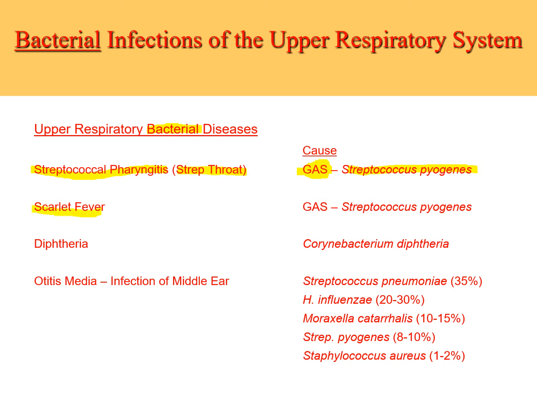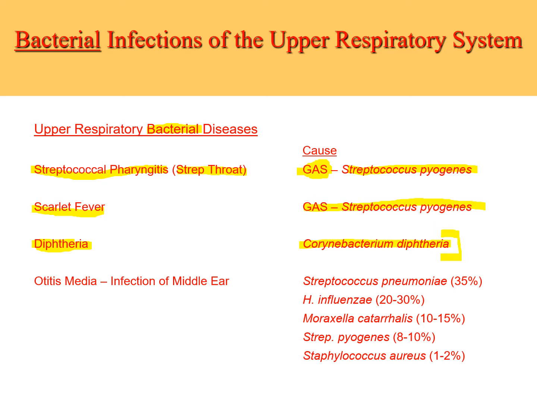Also scarlet fever, same organism, Strep pyogenes. These are serious infections. Another serious upper respiratory infection is diphtheria, caused by Corynebacterium diphtheriae. We are all vaccinated typically against diphtheria.